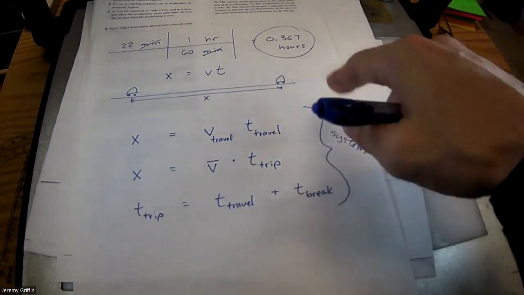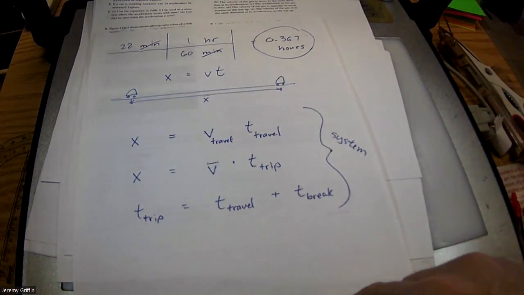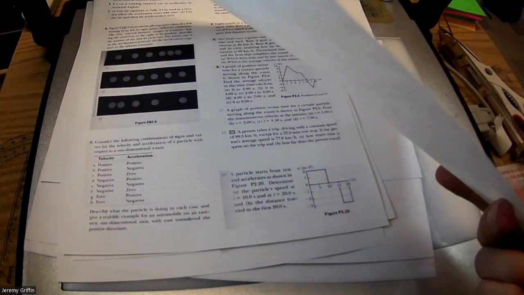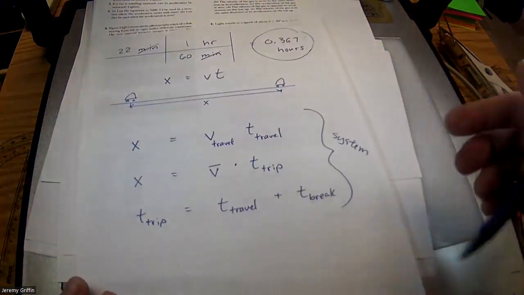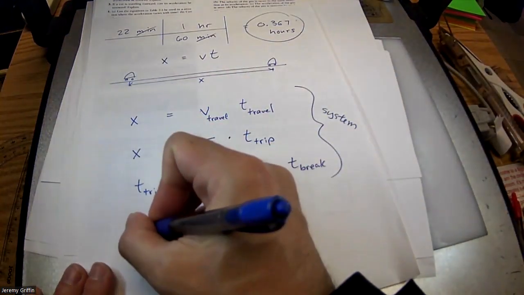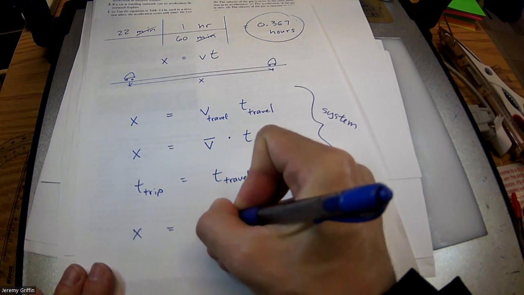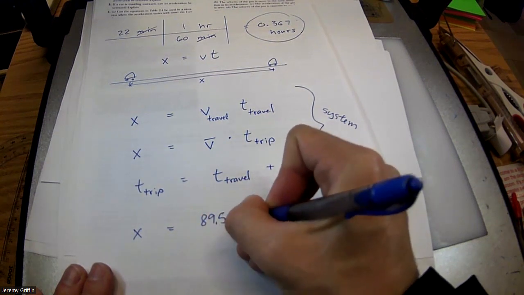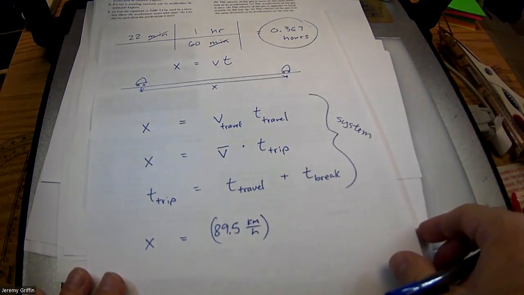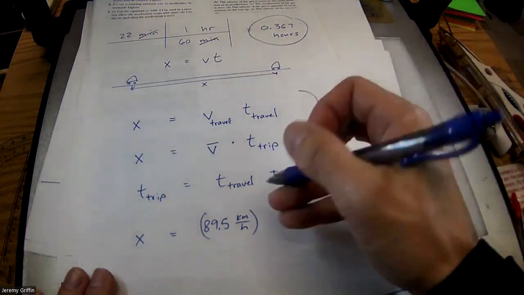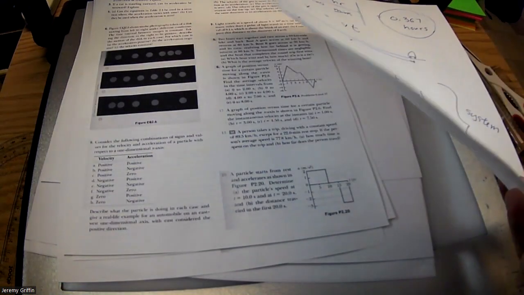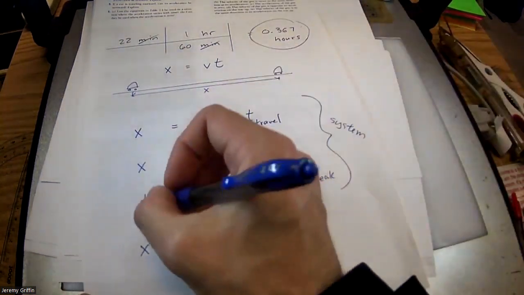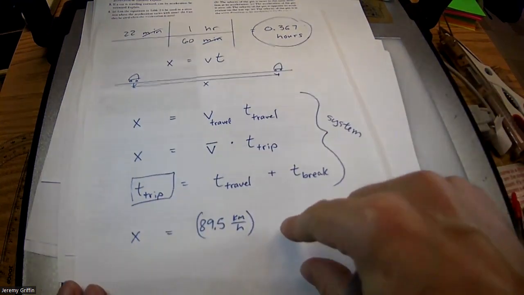I'm going to take this system of formulas and turn it into a system of equations by popping in some numbers. They told you the driving speed was 89.5 kilometers per hour. That's this right here. So the trip distance equals 89.5 kilometers per hour for, I'm going to say, T. What do I want to solve for? They asked how much time is spent on the trip. So if they want to know the time on the trip, I'm going to do a little substitution here.